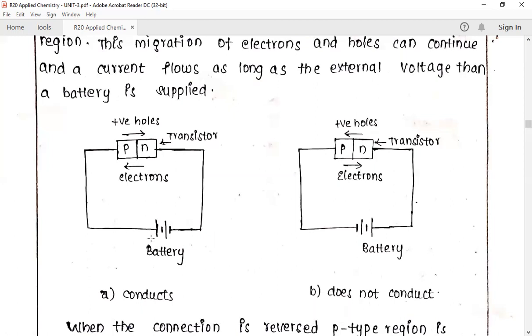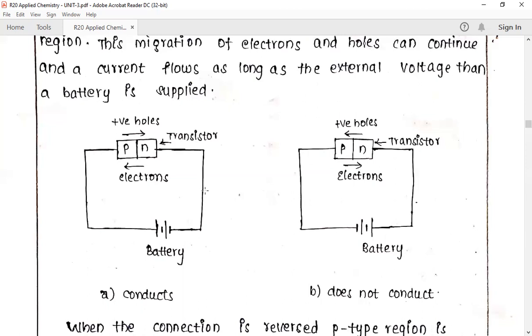If the positive terminal of a battery is attached to the P type semiconductor and the negative terminal of a battery is connected to the N type semiconductor, I forgot to tell, this type of phenomenon and mechanism is known as forward bias, because the holes are moving in the forward direction and electrons are moving in the forward direction.